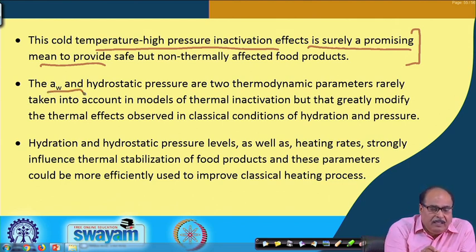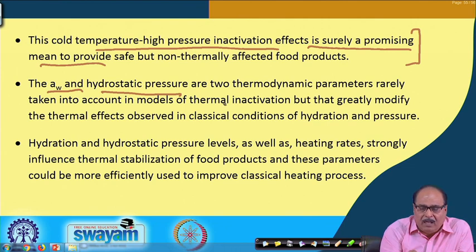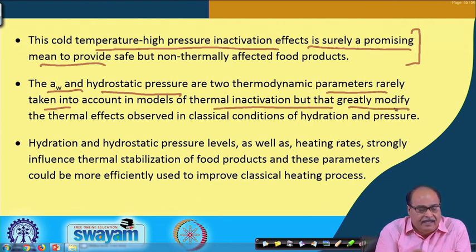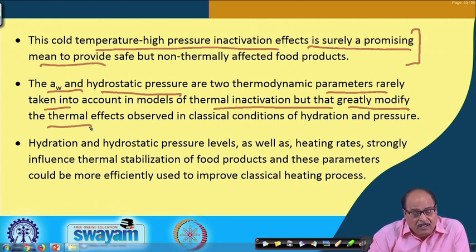Water activity and hydrostatic pressure are two thermodynamic parameters. They are rarely taken into account in thermal process calculation models, or the models of thermal inactivation, but they greatly modify the thermal effects observed in classical conditions of hydration and pressure.